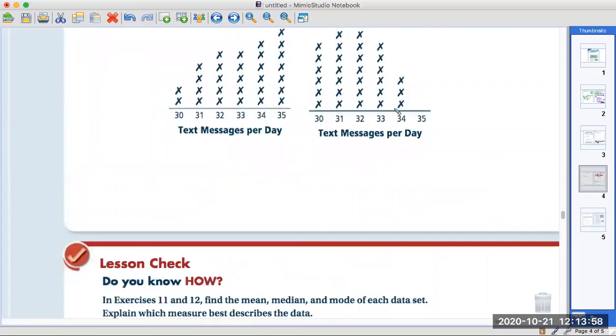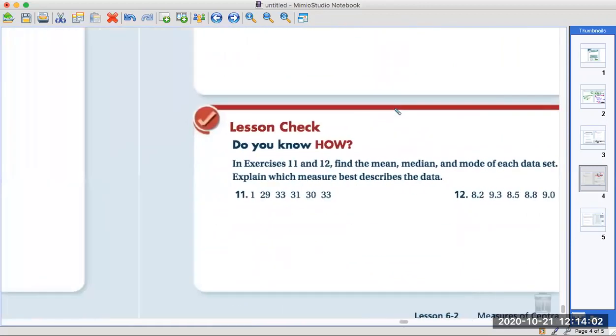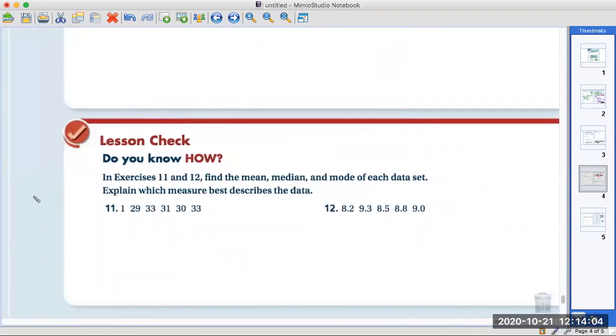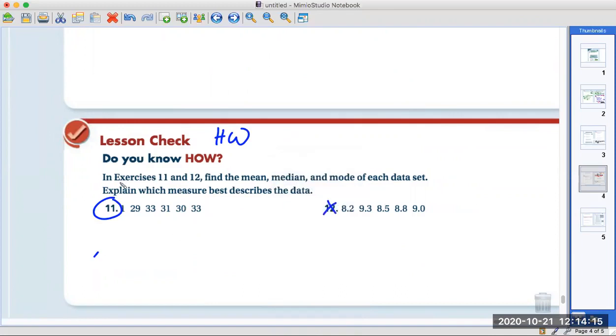Now we're coming to the homework, lesson check. We're on page 385, and not that many questions. Homework. You're going to do number 11. You don't have to do number 12. You're going to read the instructions. You're finding mean, median, mode. Then you're going to explain which best describes the data. Look for outliers. There's no outlier.